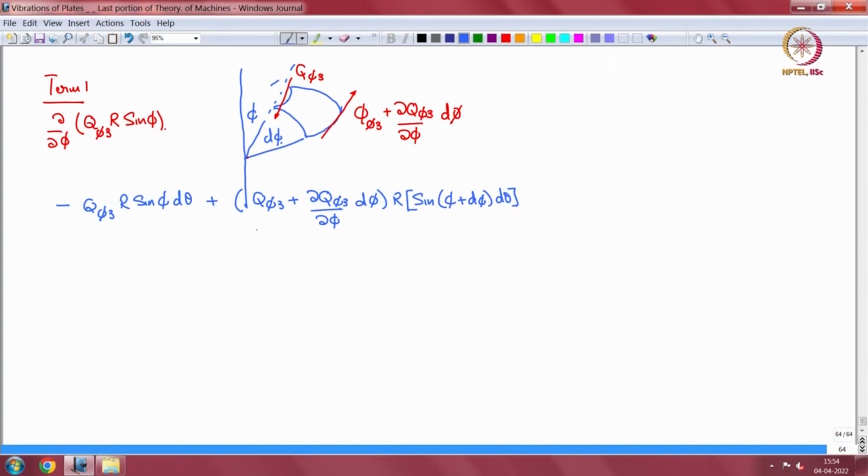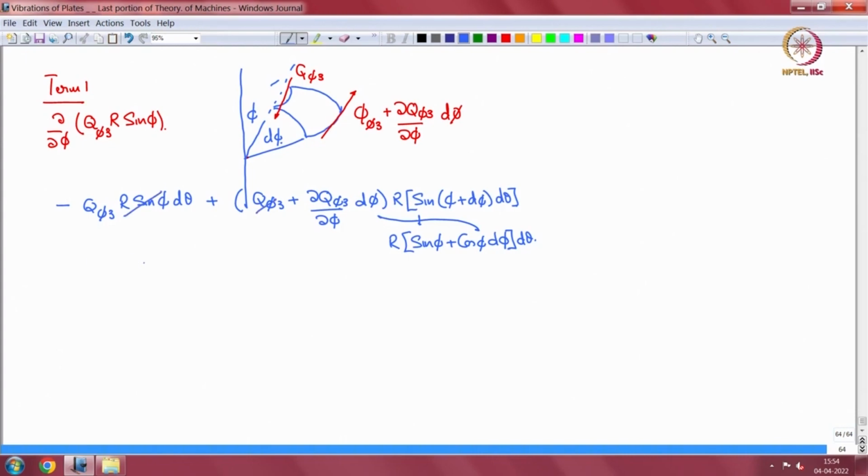If we open it out, r times sine phi cos d phi plus cos phi sine d phi, into d theta. As usual I will ignore this product because it has 3 differentials. So this term cancels with that term.